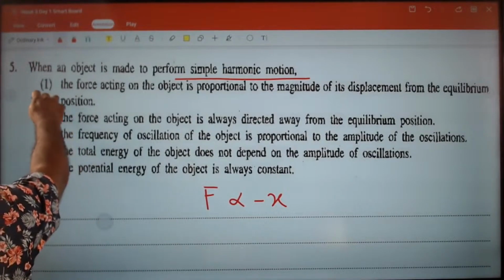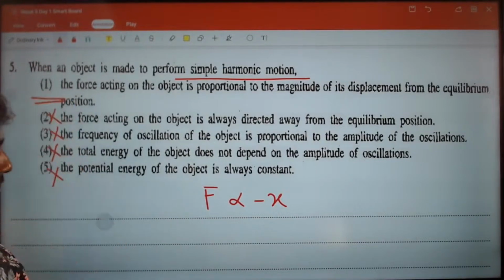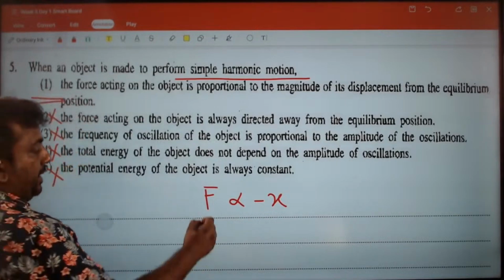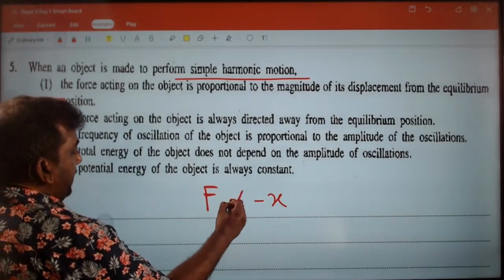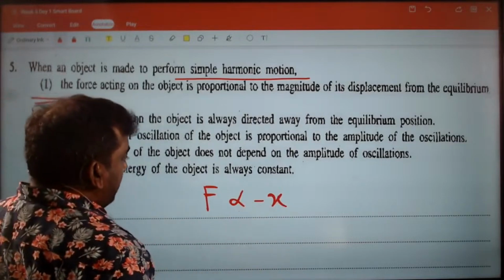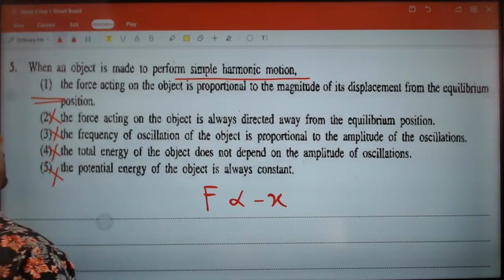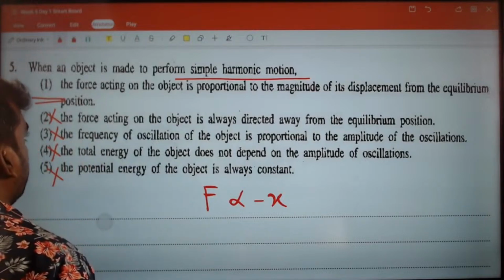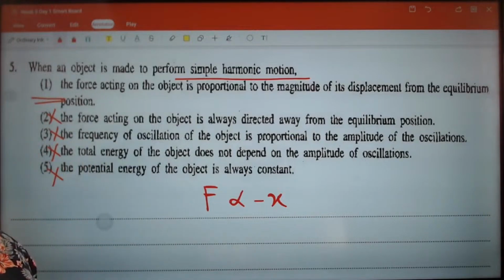So here is what you can get. Remember, force is proportional to the displacement, and the force is always directed towards the center of oscillation. So for the fifth one, the answer is answer number 1.